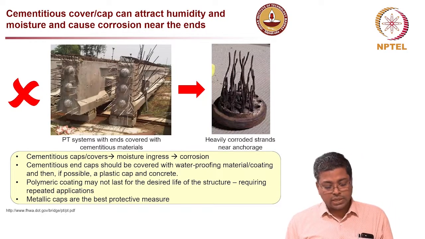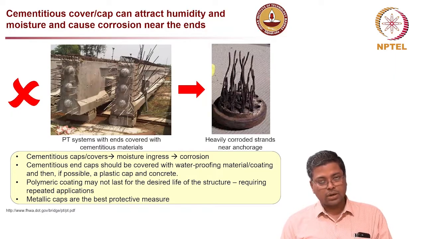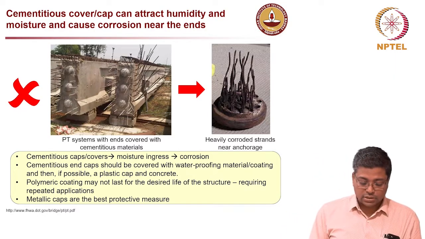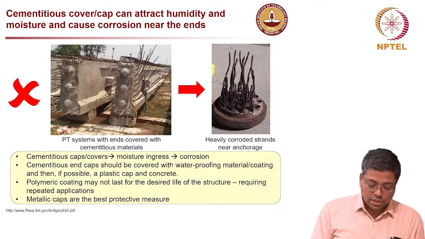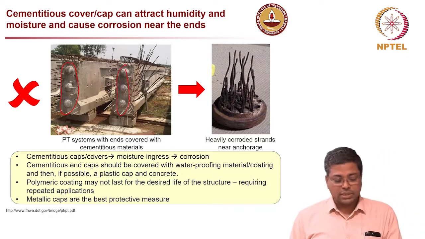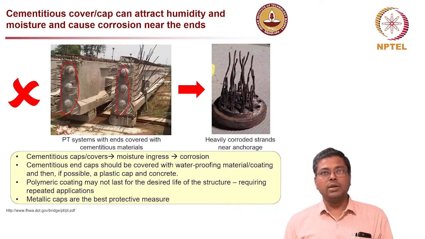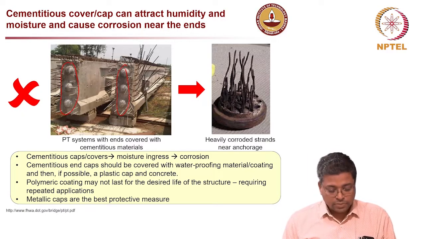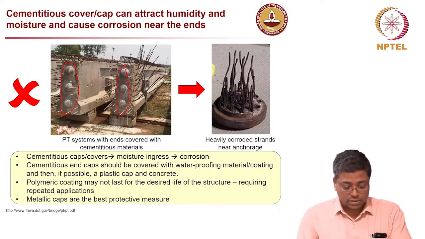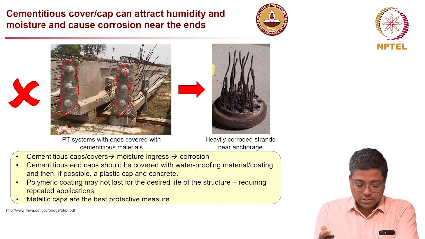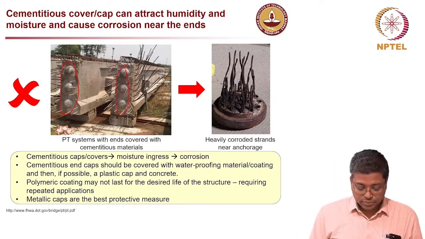Now, nowadays in most of the tendon systems, you'll have this cementitious cap, as seen here. In this cement, it has an inherent property of absorbing moisture. It is hydrophilic in nature, so it will absorb the moisture.